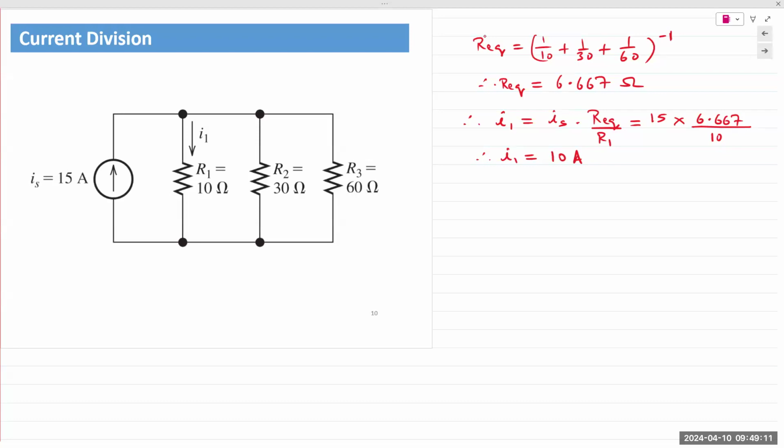Logically you can solve this. You have 10 ohms, 30 ohms, and 60 ohms. 30 is 3 times 10. 60 is 6 times 10. Current is inversely proportional to the resistance. So whatever value you get for R1, the current for R2, I2, would be a ratio of 1:3.